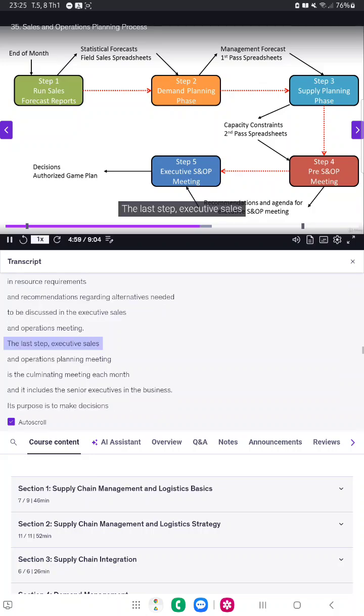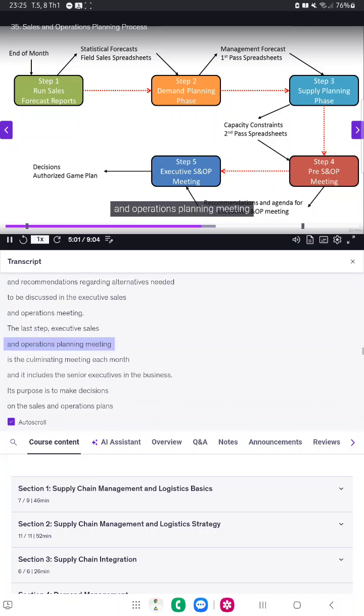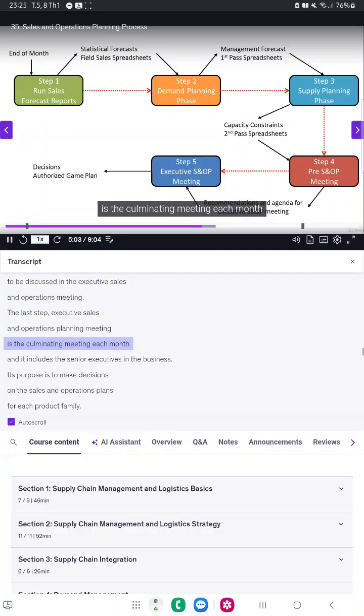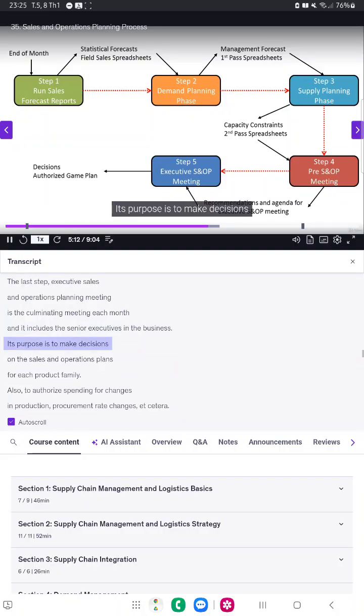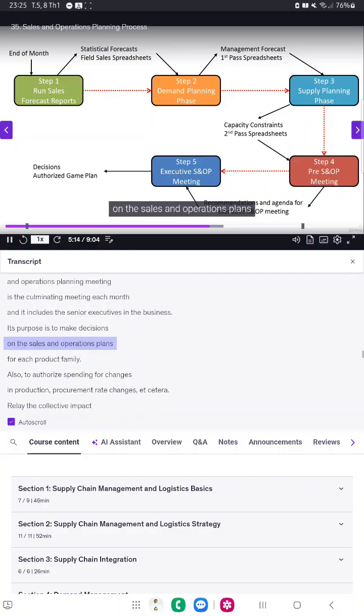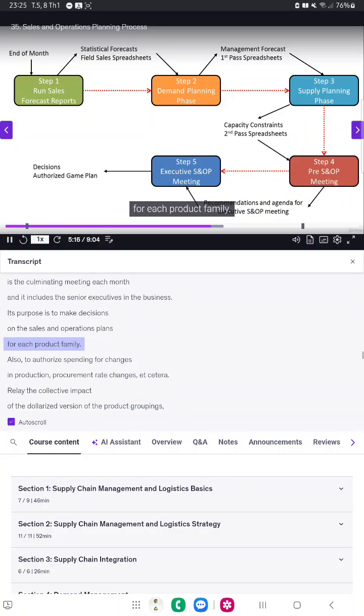The last step, executive sales and operations planning meeting, is the culminating meeting each month, and it includes the senior executives in the business. Its purpose is to make decisions on the sales and operations plans for each product family.